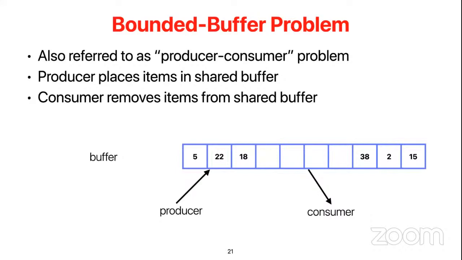The key thing is that you cannot have the consumer running ahead of the producer, and you cannot have them both working on the same one. Those are the issues in a bounded buffer problem.